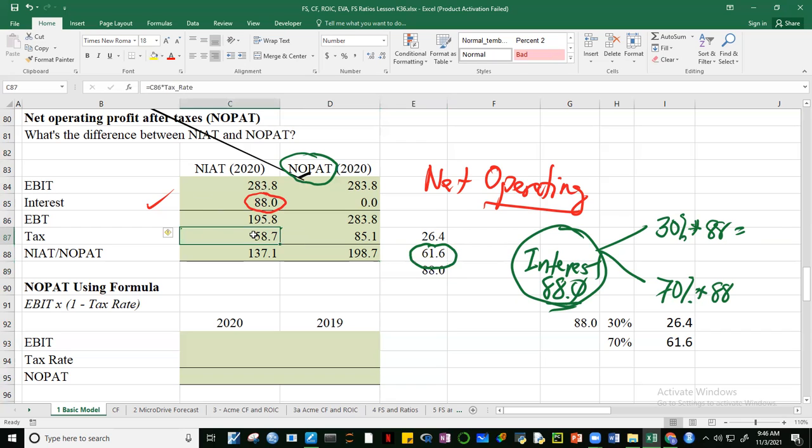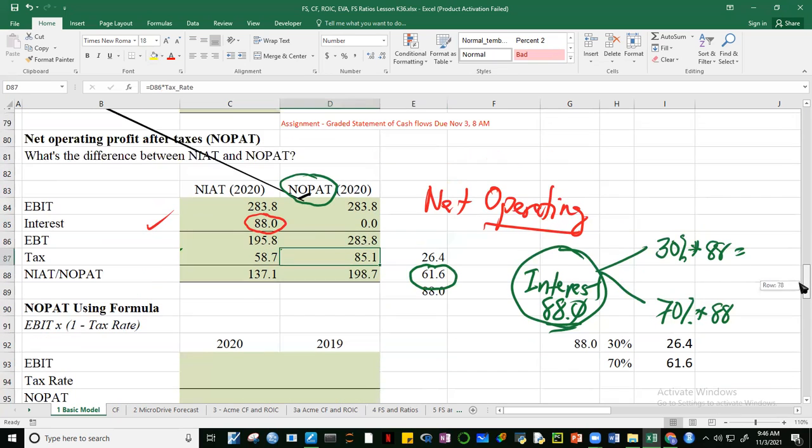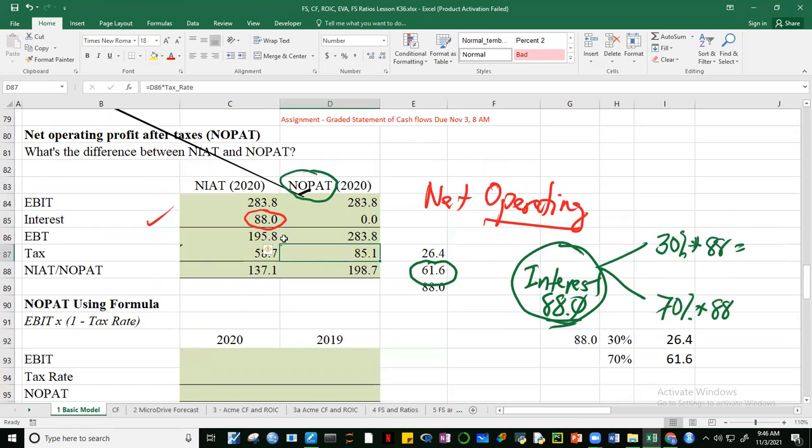If you notice, guys, the tax for net income after tax is lower compared to the tax for NOPAT, 85.1. So by how much? If we know the interest expense, we will know how much is the difference between the NOPAT and the NIAT. The difference will always be 70%, depending on the tax rate.